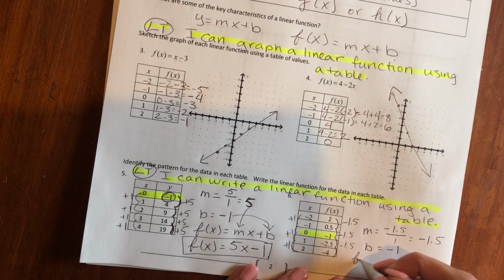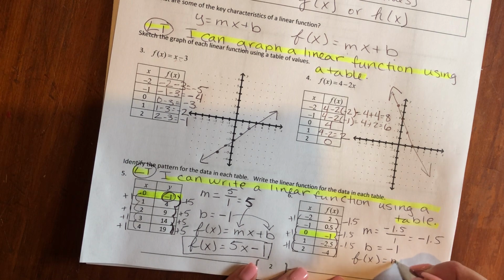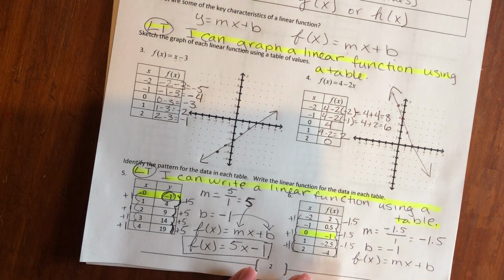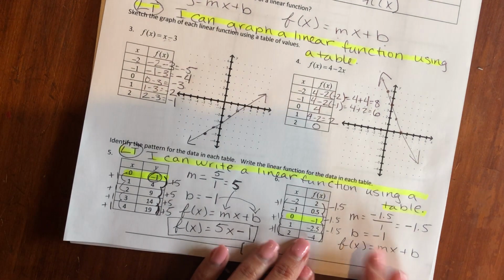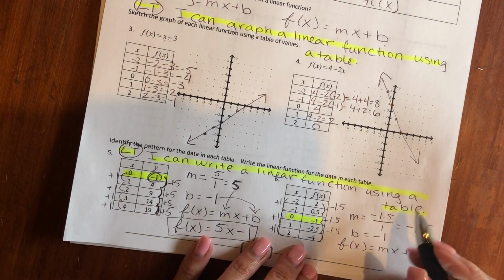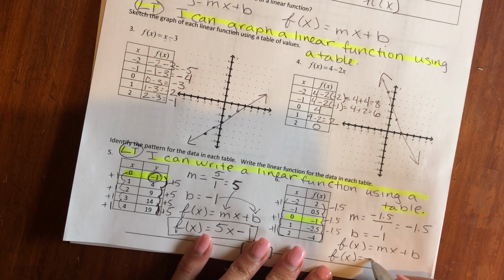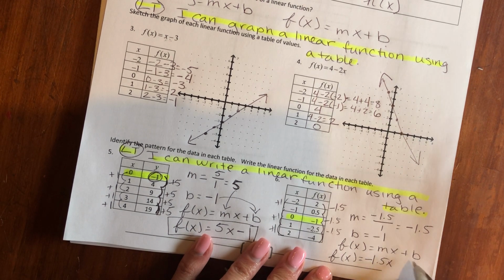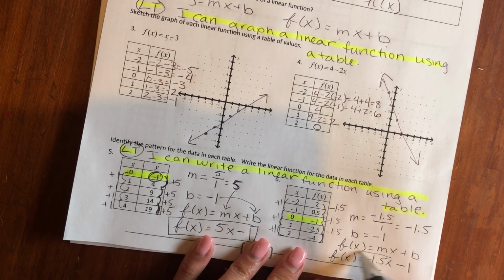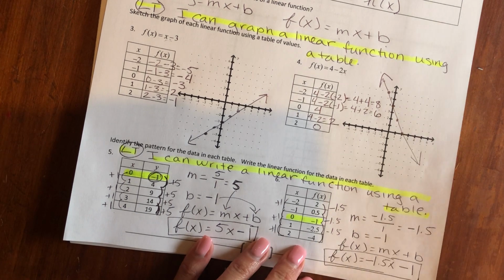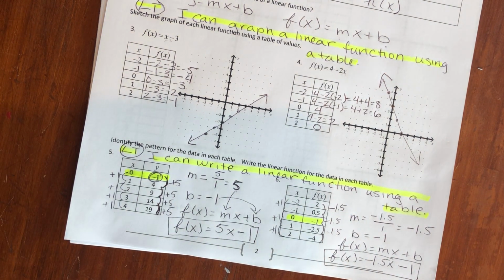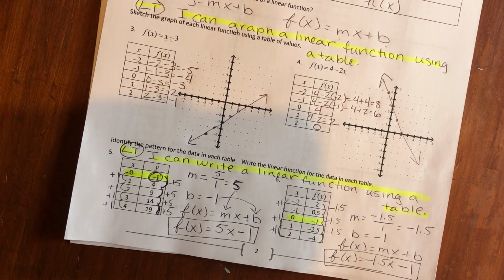Step 3. F of x equals mx plus b. Plug in what we know. -1.5x minus 1. All right, so that's how you write a linear function using a table.